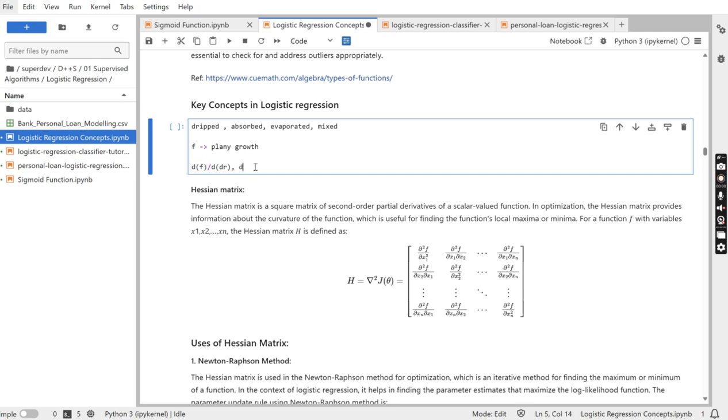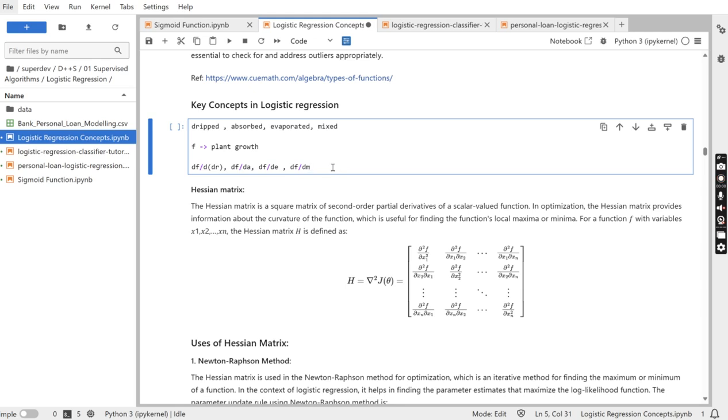I'll take df only, and remove this bracket for simplicity. How much plant growth is affected by dA, absorbed; by dE, the evaporation; and by the mixing of water. All these four calculations we have to do in order to understand the plant growth function.